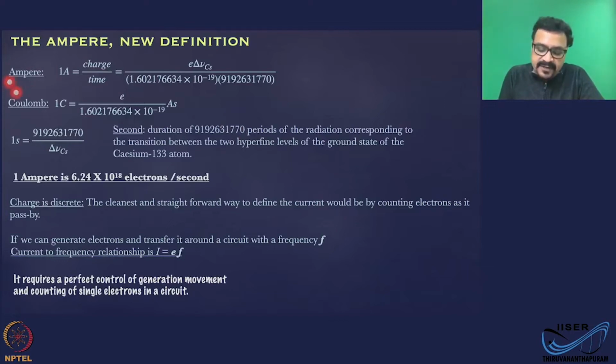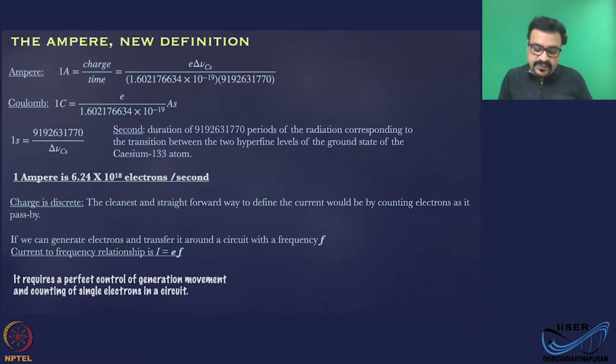So the ampere definition is given by this, where e divided by 1.602 times 10 to the power minus 19 is the coulomb, and delta nu Cs divided by this number is the inverse of a second. So this is basically an ampere.